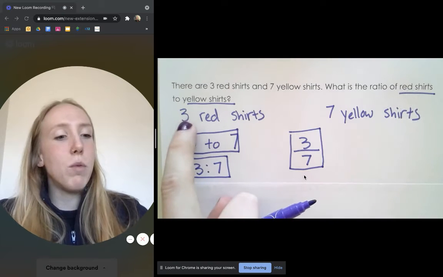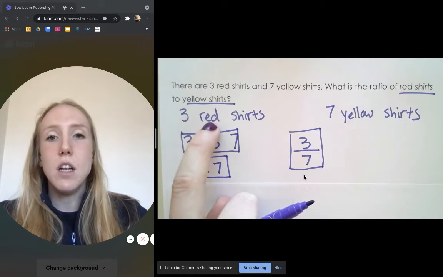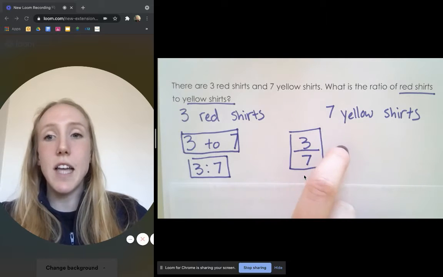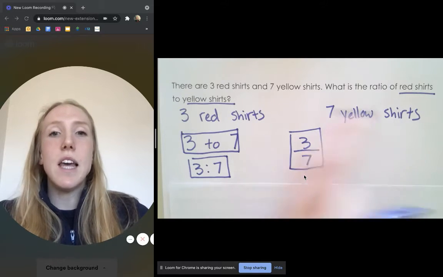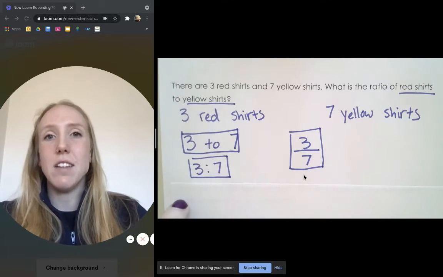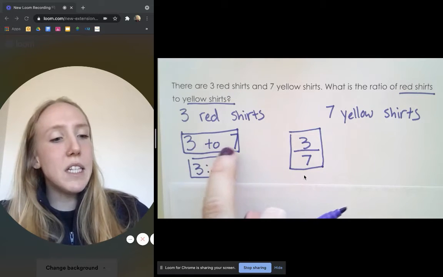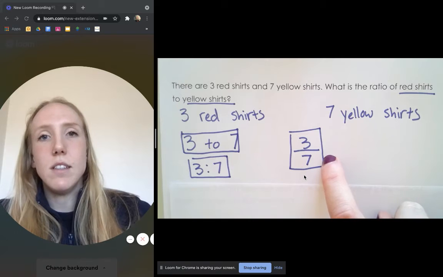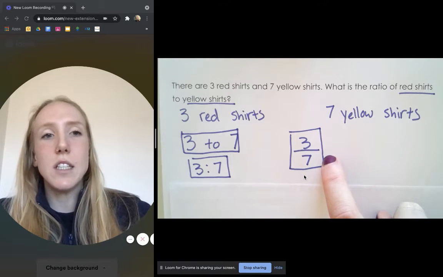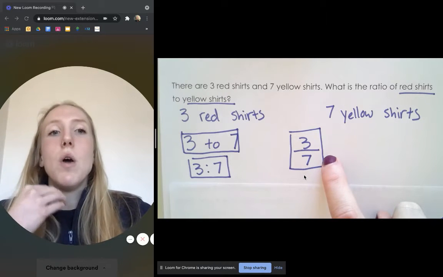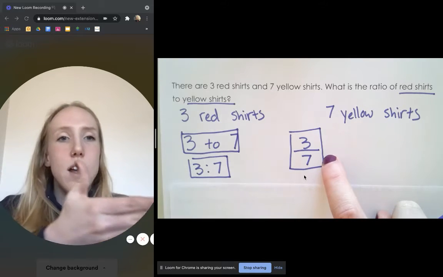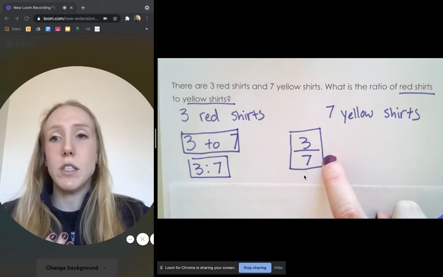The number of red shirts is 3, so 3 comes first in each of these. And 7 is the second number because they asked for it as the second item. So it's 3 to 7, 3 to 7, 3 to 7. In each case, we wrote the number of red shirts first because that is the number the problem asked for to come first.